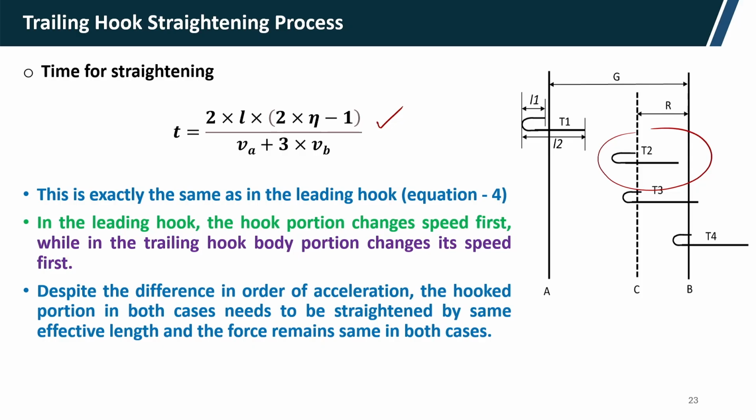Despite the difference in the order of acceleration, the hooked portion in both cases needs to be straightened by the same effective length, and the force remains the same for both cases.